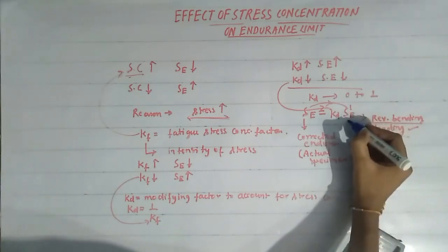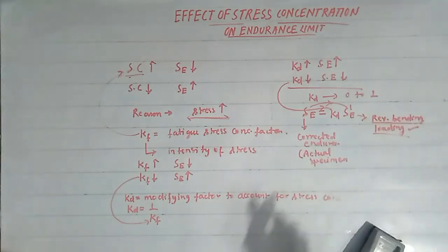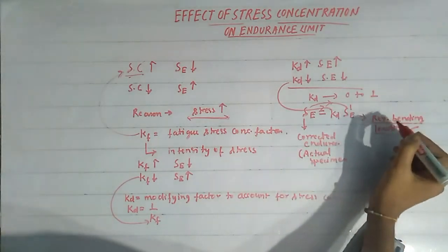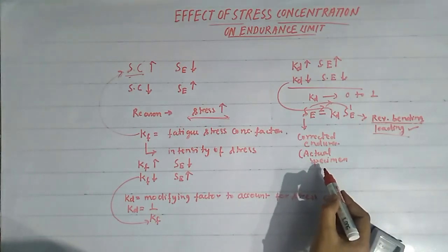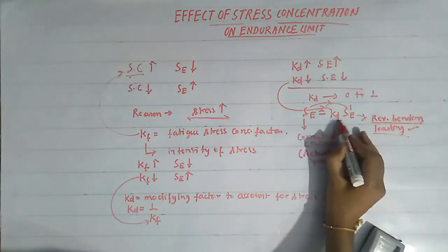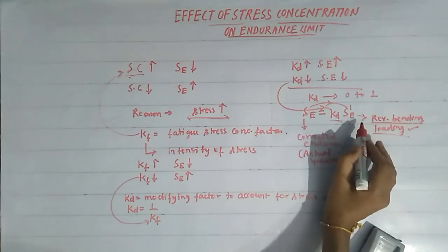So the endurance limit of the ideal component, or the component which was used in the rotating beam machine, is higher than the endurance limit of the actual specimen, and the factor that establishes a relationship between these two is KD, that is the modifying stress concentration factor.